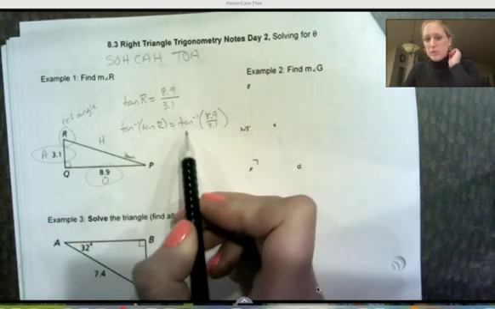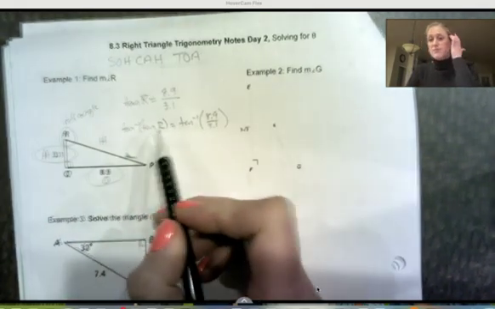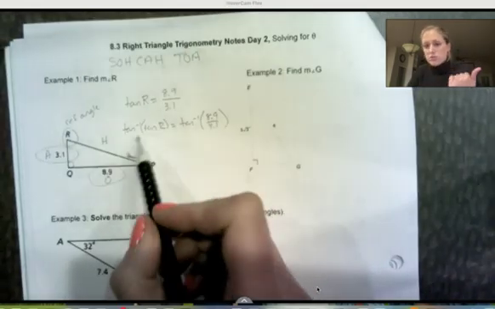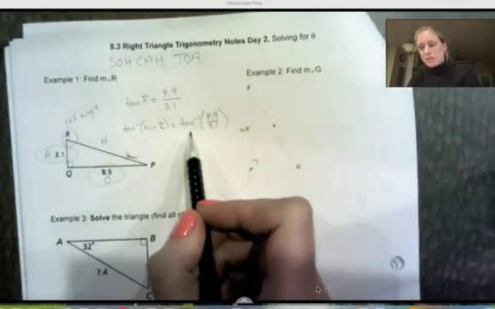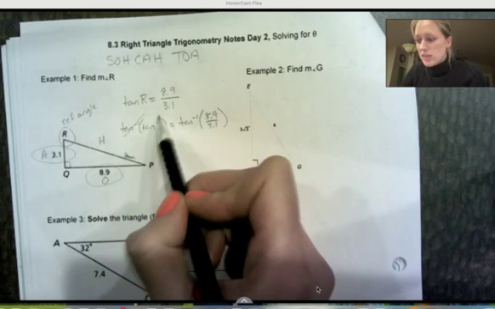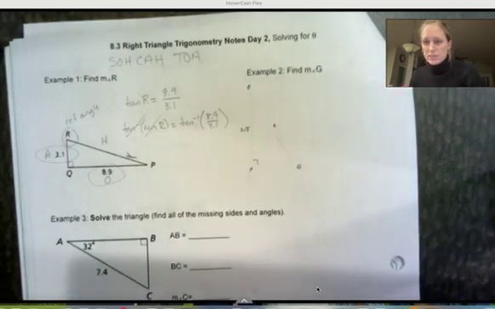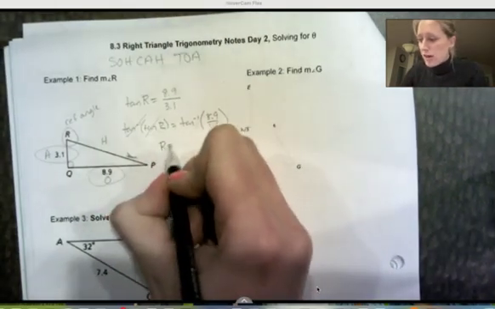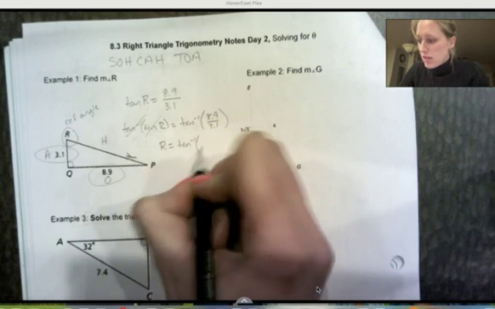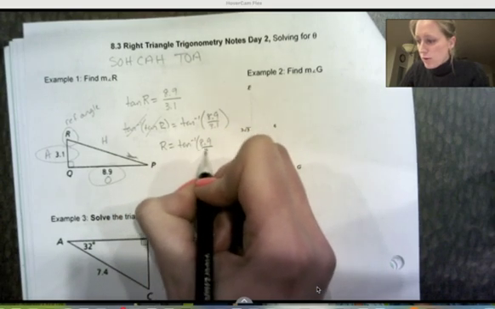What I'm doing is applying tangent inverse to both sides. Now it's algebra, so whatever I do to one side, I have to do to the other. The reason I'm applying tangent inverse is that tangent inverse and tangent cancel. They're opposites. So I'm left with R equals tangent inverse of 8.9 over 3.1.